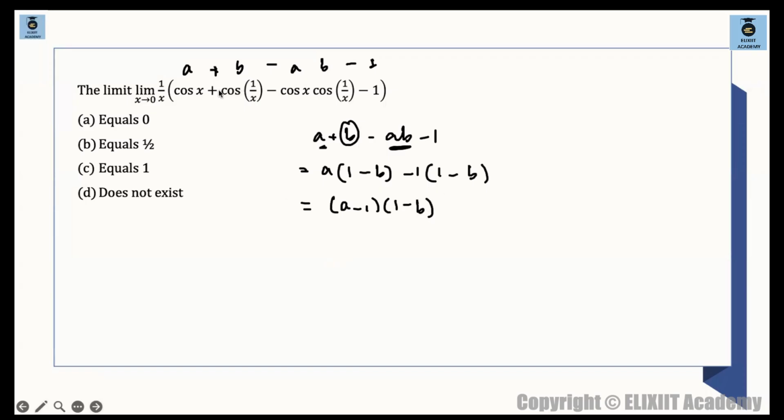A is cos x and B is cos(1/x). So limit x tending to 0, 1 by x times this reduces to (cos x minus 1) into (1 minus cos(1/x)).